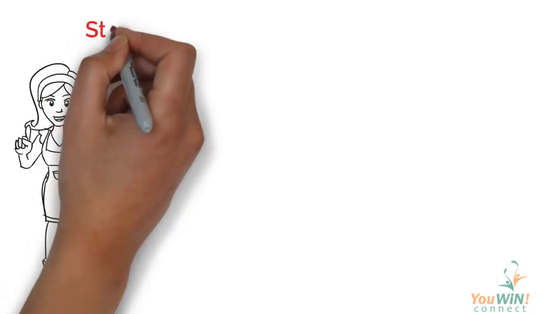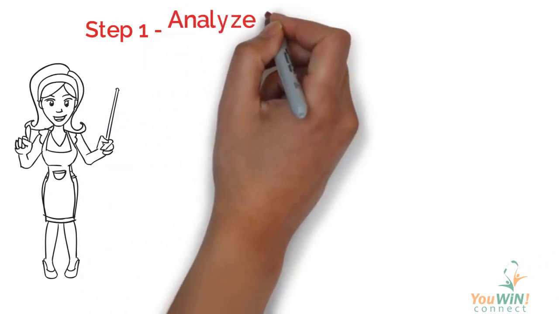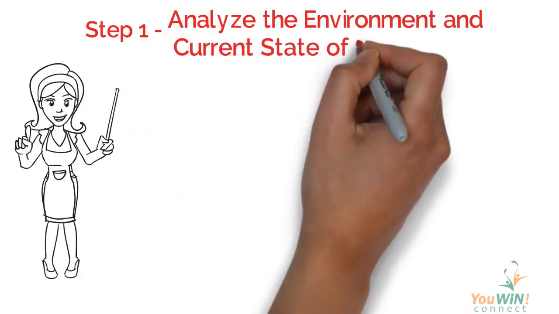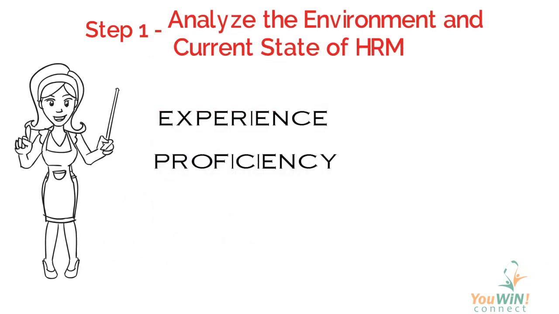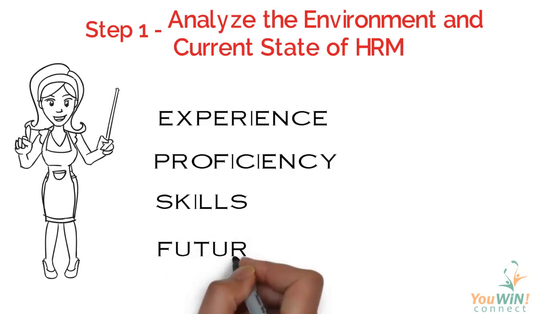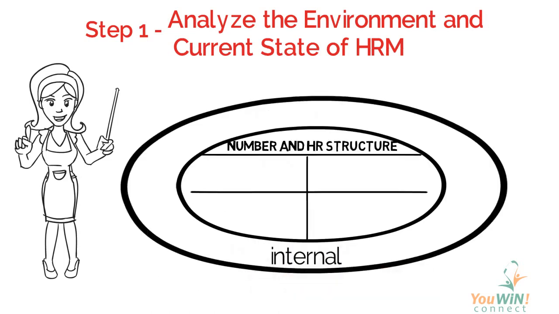Let's dig in now and look at step 1. The first step in HR planning process is to analyze the current manpower supply in the organization in terms of the experience, proficiency, skills, etc. that an employee requires to perform a particular job. The future vacancies can also be estimated so as to plan for the manpower from both the internal, that is within the current employees, and the external, when you have to hire candidates from outside.